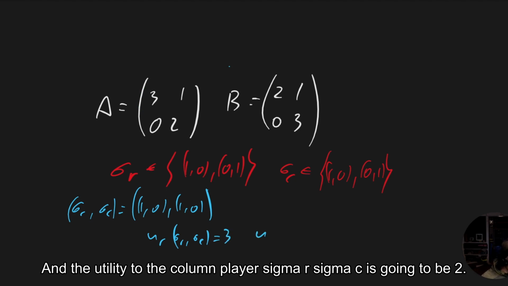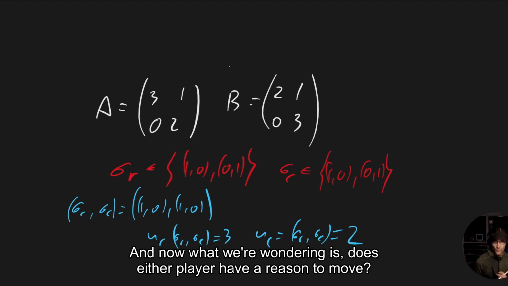And the utility to the column player of sigma r, sigma c is going to be 2. And now what we wonder is, does either player have a reason to move?